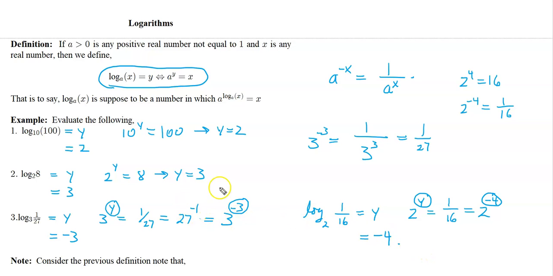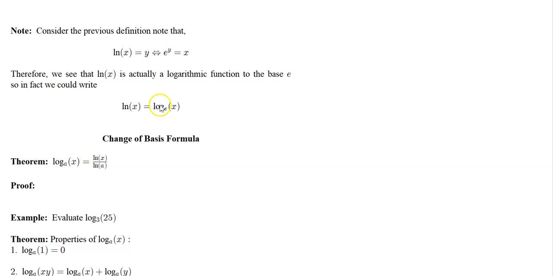Now let's take a look at the relationship between these log base a's and the natural logarithm. Now let's recall this. The natural log of x equals y if and only if e to the y equals x. Right? Recall that. And this is because e to the ln of x equals x. So this is basically because of this property right here, because e and the natural logarithm are inverse functions of each other.